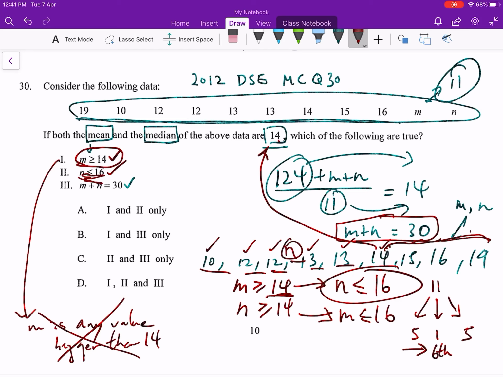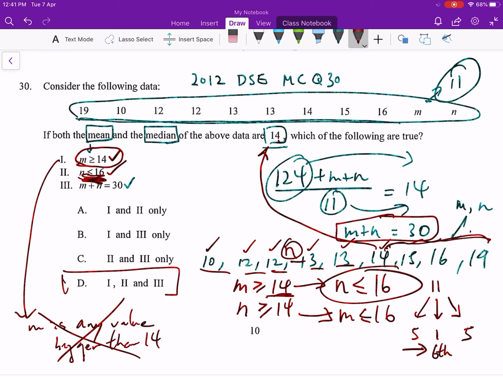Remember, this is just the first restriction for you. Actually, we have other restrictions. It just tells you that n should be one of the numbers smaller than or equal to 16. I can tell you n is supposed to be maybe 16 or 15, or 14, but it cannot be 13. Yes, you're right, but it still satisfies this relationship.